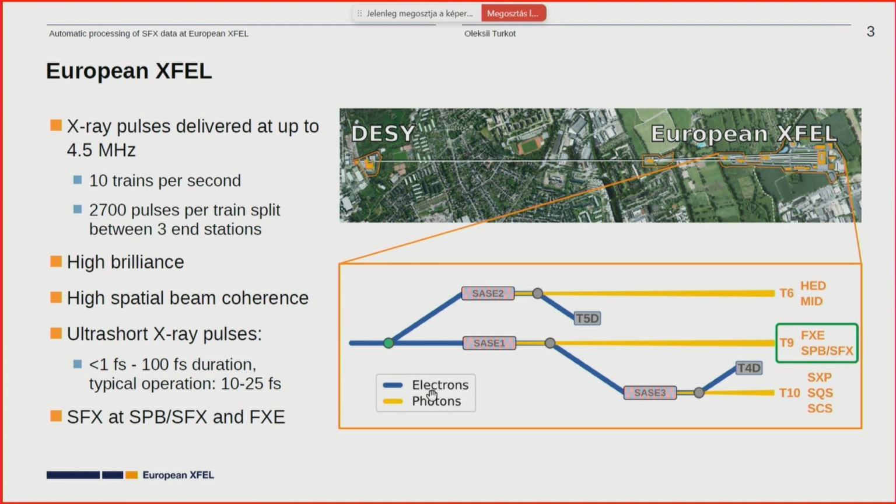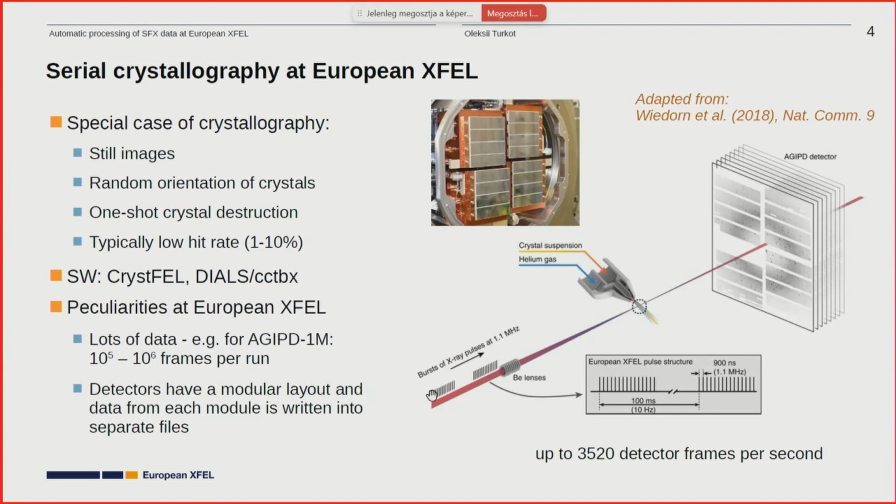Serial femtosecond crystallography experiments are performed at 2 instruments, SPB/SFX and FXE. As you all probably know much better than me, serial femtosecond crystallography at free electron lasers differs a lot from what you have at synchrotrons, because we have still images, a random orientation of crystals, and it's one shot, one kill: every shot destroys the crystal.